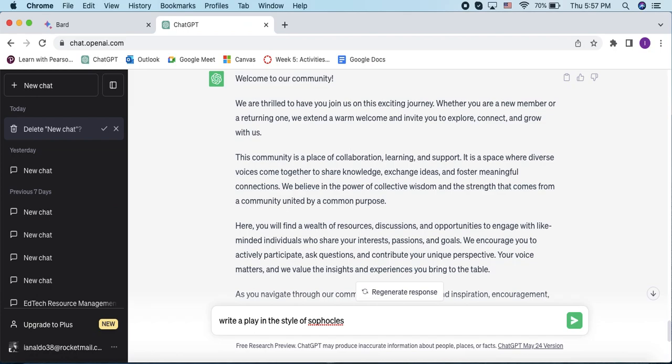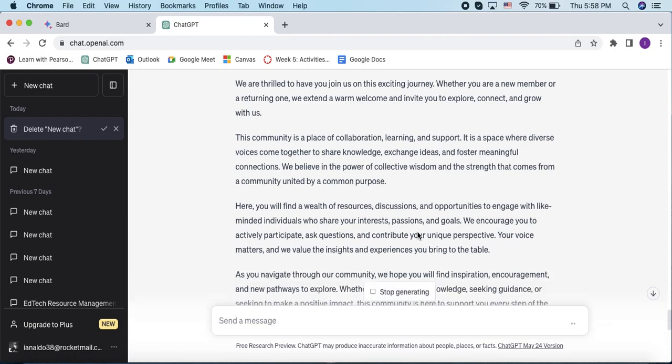So for this example, let's do: write a play in the style of Sophocles about a satyr comforting a magician. My spelling is all crazy today, but that's okay. And then put that into the prompt generator.